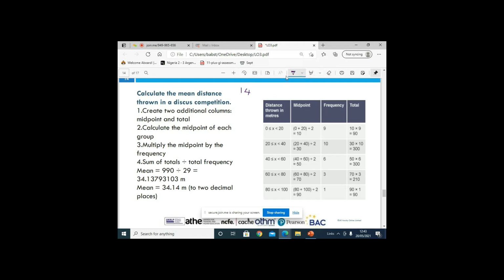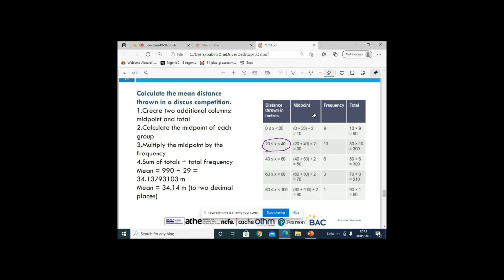So you look for the 14th and 15th values. Adding them together, 9 plus 10 is already 19. So this 19th place is the median.